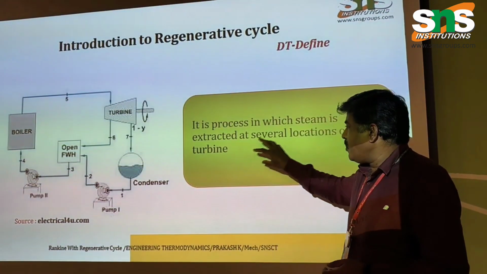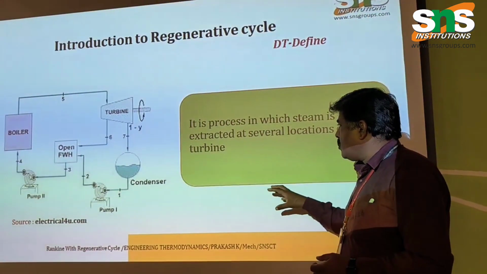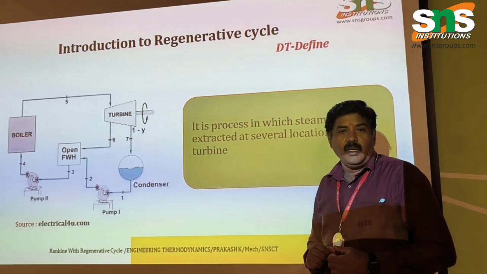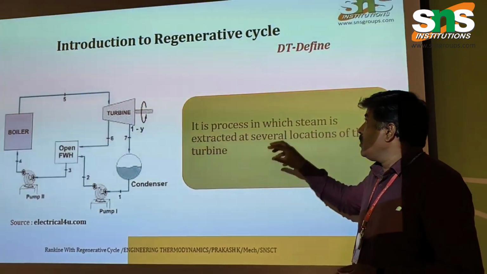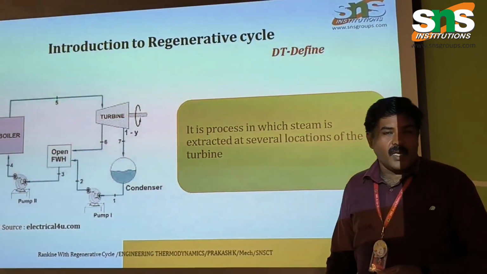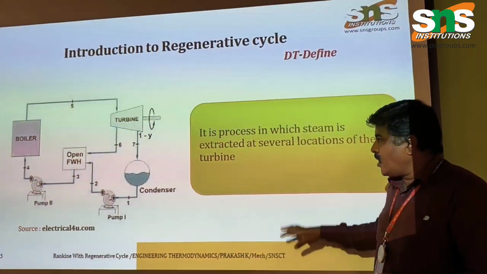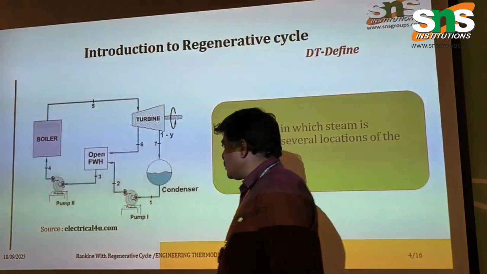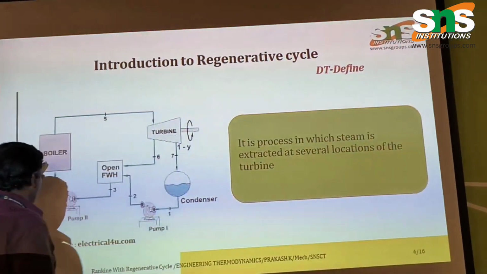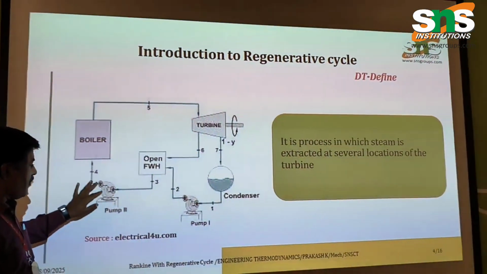What we define as the problem is that we are going to increase the thermal efficiency. So we define the regenerative cycle. In the regenerative cycle, this is a boiler. Here we are having a pump.